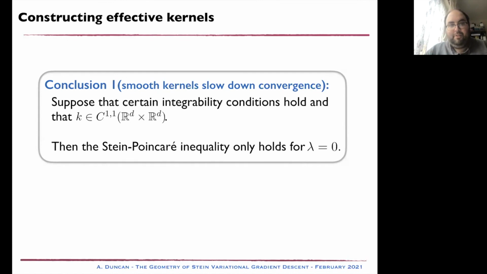So the first result that we could show is that if the kernel is smooth, at least C^1,1 for example, then you cannot guarantee exponential convergence to equilibrium, to pi, even when you're really, really close to equilibrium already. And so basically this inequality only holds for lambda equals 0. And so that means that you're not getting exponential convergence.